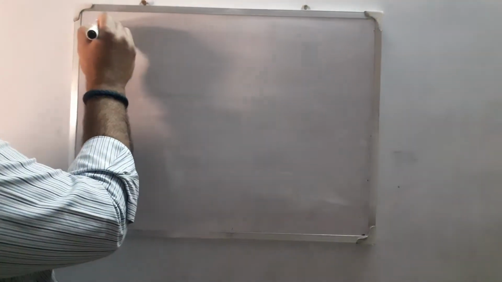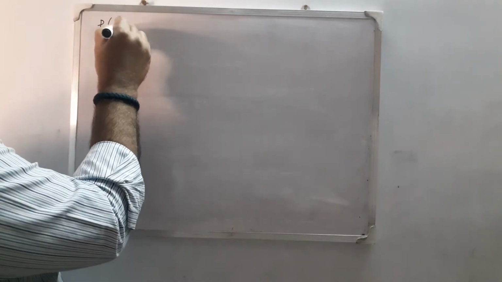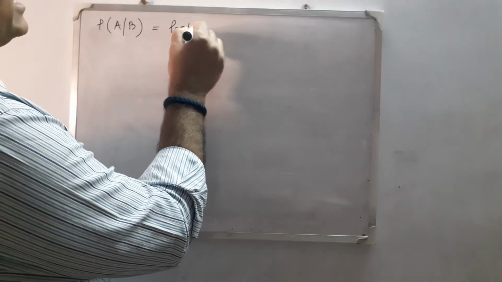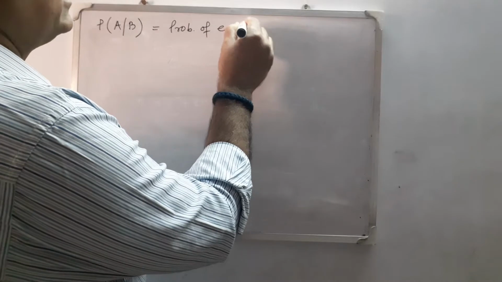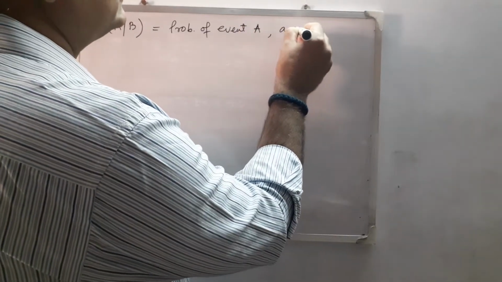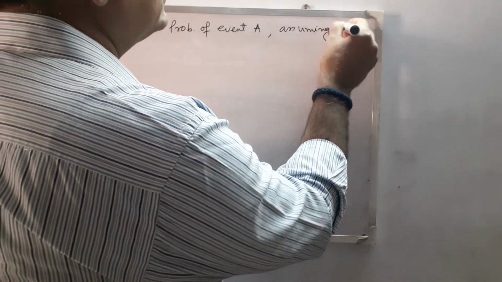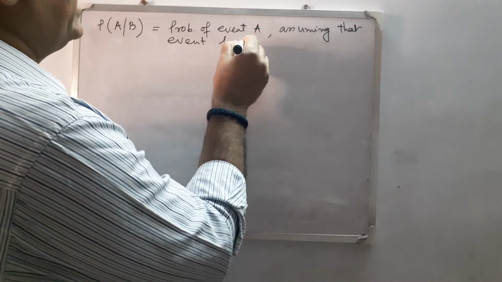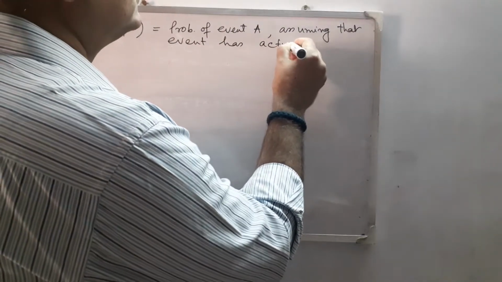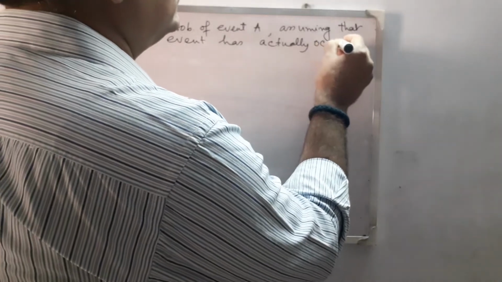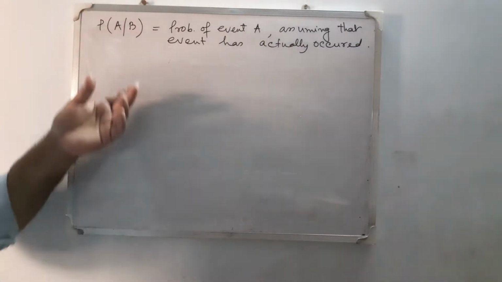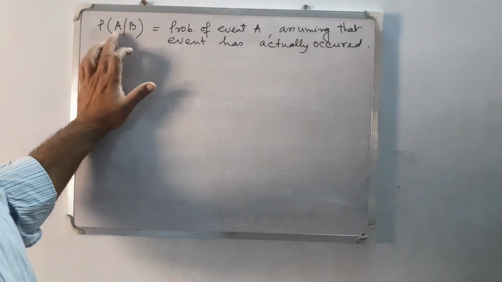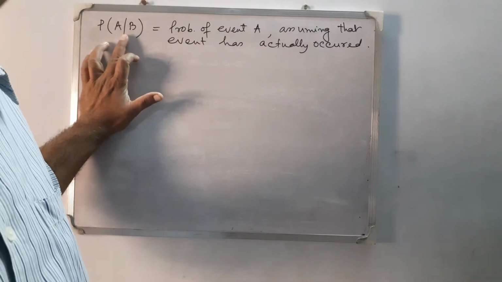We have discussed that P(A/B) is defined as the probability of event A assuming that event B has actually occurred. So this thing we have discussed previously, P(A/B), and this is called the conditional probability of A under the assumption of B.